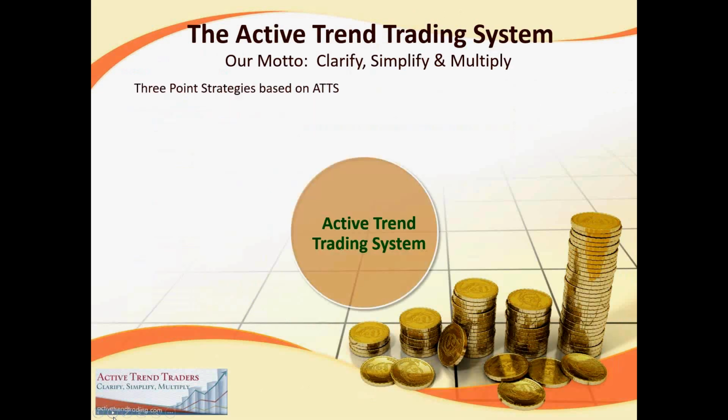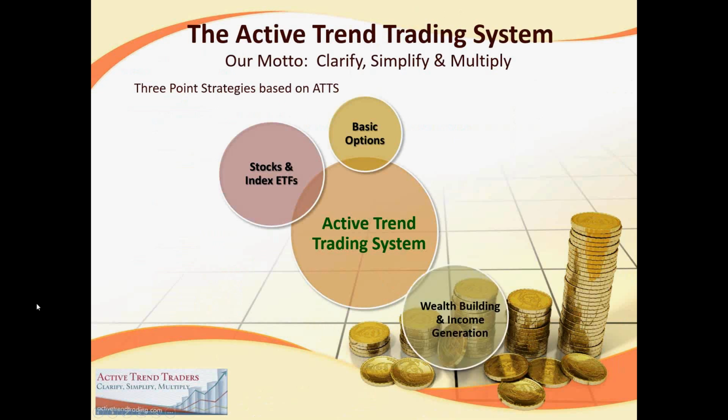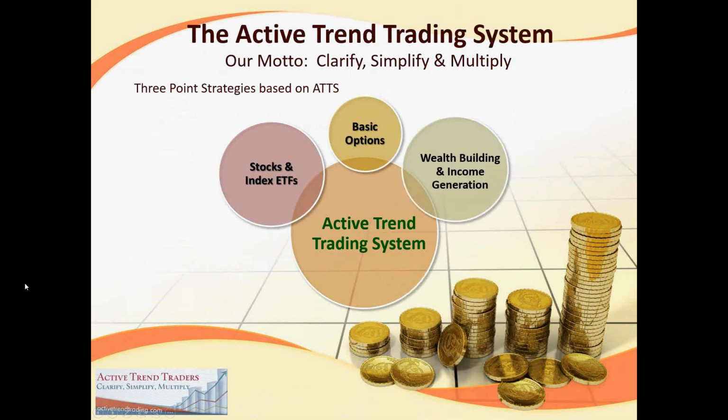So basically what we've done is we developed the system itself, and then once the system was in place, we started adding the specific strategies that we utilize. Right now I've allocated 20% of my trading capital to this strategy, 10% to this strategy, and 70% to this strategy. Of late, we haven't done a lot of buying and holding in stocks and index, simply because of the whipsaw that's been in the market.